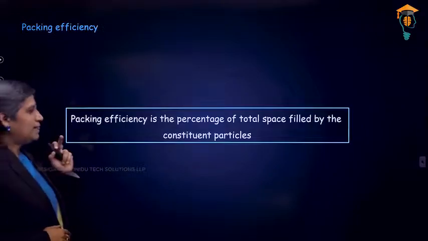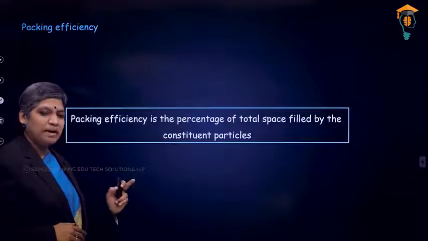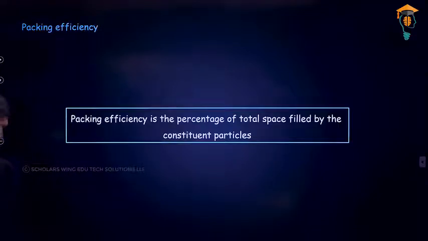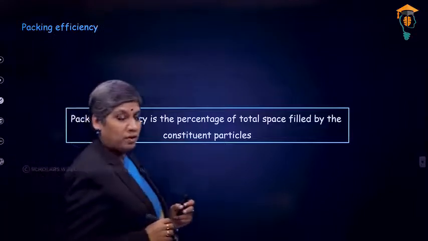But since this fraction is a very general term, let us make it very specific, and hence packing efficiency is usually expressed in terms of percentage. So my dear friends, packing efficiency is nothing but the percentage of total space filled by the constituent particles. Okay? Right. I hope you understood.